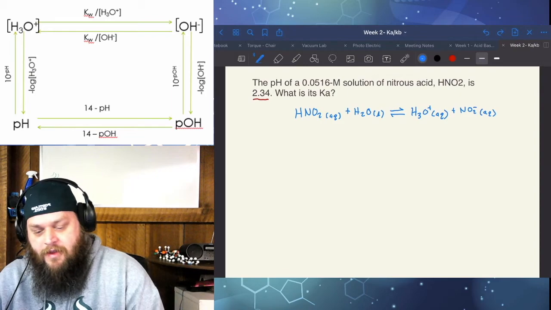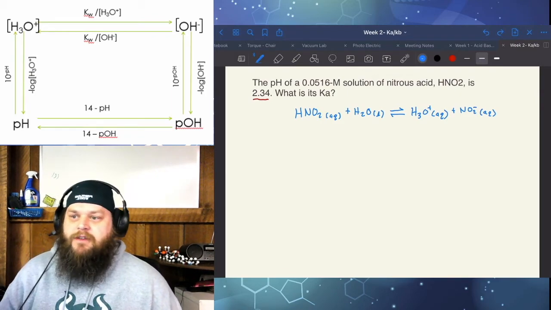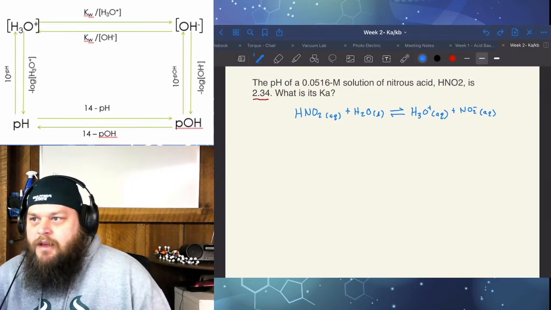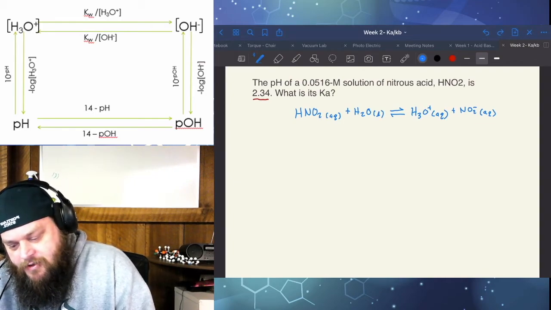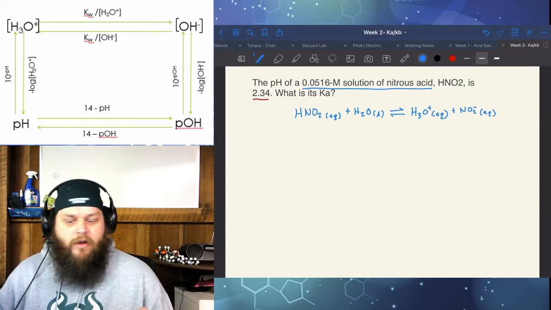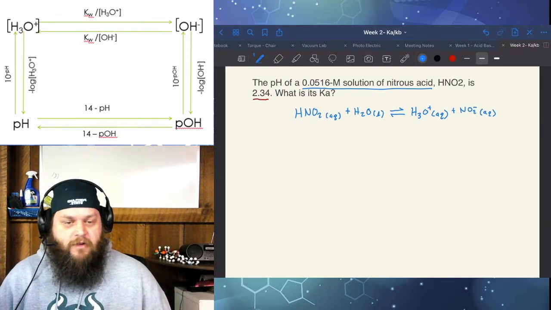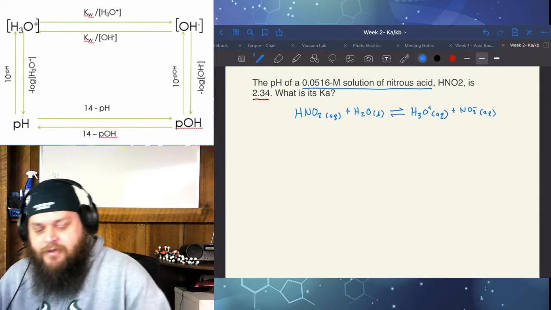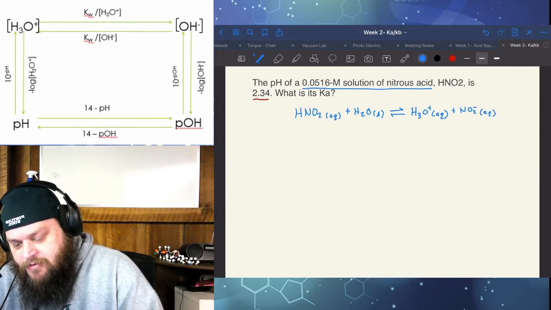But it's a good thing to write out, and you can visualize what it is. Now, when they give us this concentration here of nitrous acid, that's really the formal concentration. That's before it's disassociated, before any reaction happens. So we call that the initial concentration. So I'm going to write up here initial.